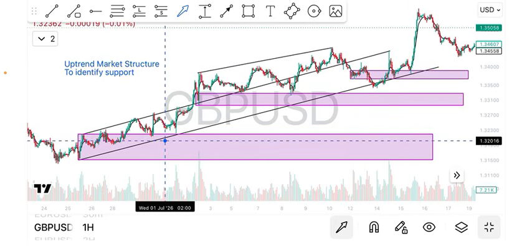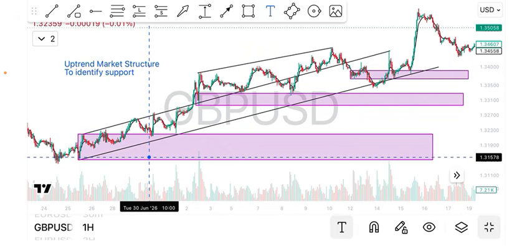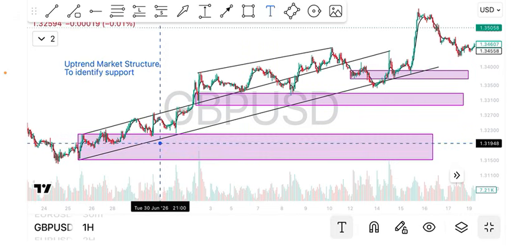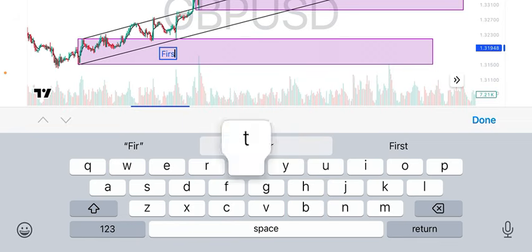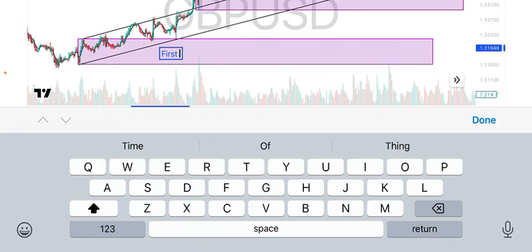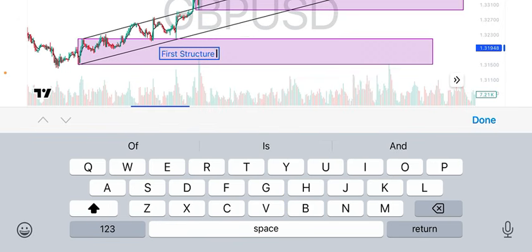So we can see that the support we picked from this level was a very great support, the support most relevant to the trend. That is called market structure, right? We trade with market structure.